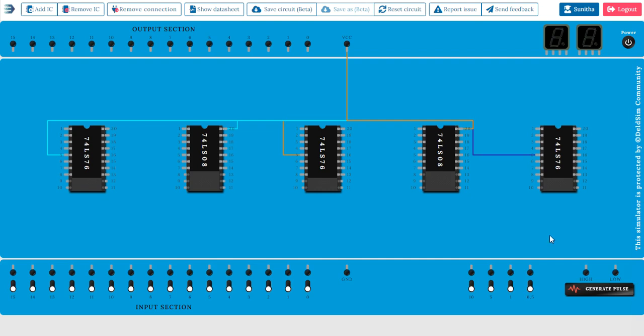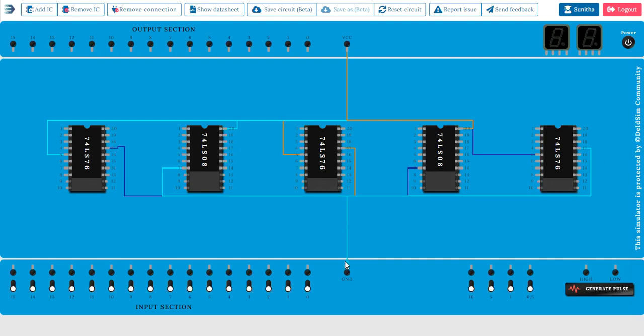Now I have to do the grounding. For the 7476 IC, pin number 13 is ground, and for 7408, pin number 7 is ground. So here 7476, the 13th pin is ground, and here you are using the AND gate, so the 7th pin is ground, and lastly you are using 7476, so again it is ground.